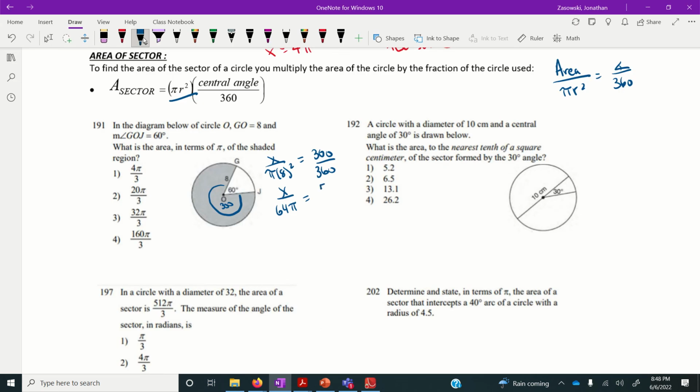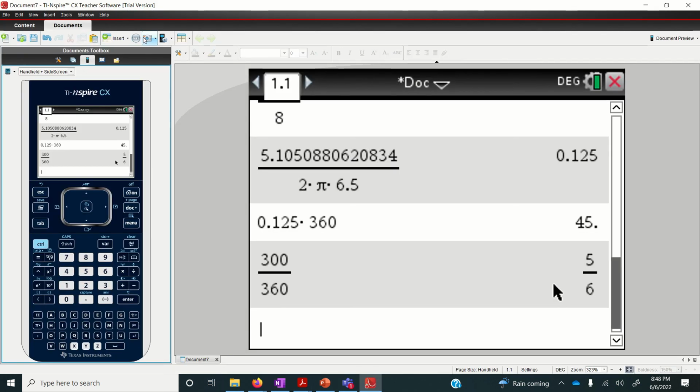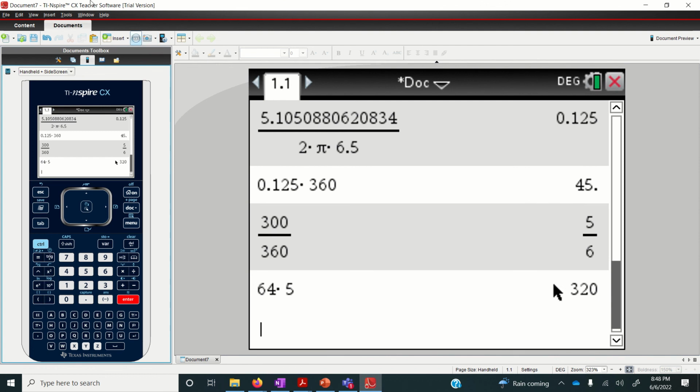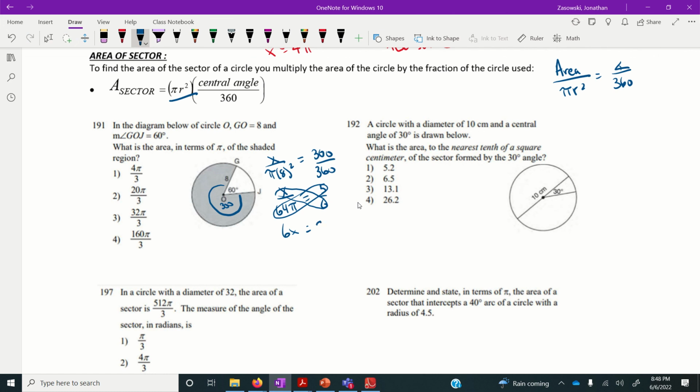Okay? And then we're going to cross multiply. So 6x, we multiply across the way here, is equal to 64 times 5 with a pi attached. So just 64 times 5 first. That's 320. And then remember, we're going to end up dividing that by 6 because there's the 6 on the other side here. So 320, and then divide by 6, and we're going to get our answer.